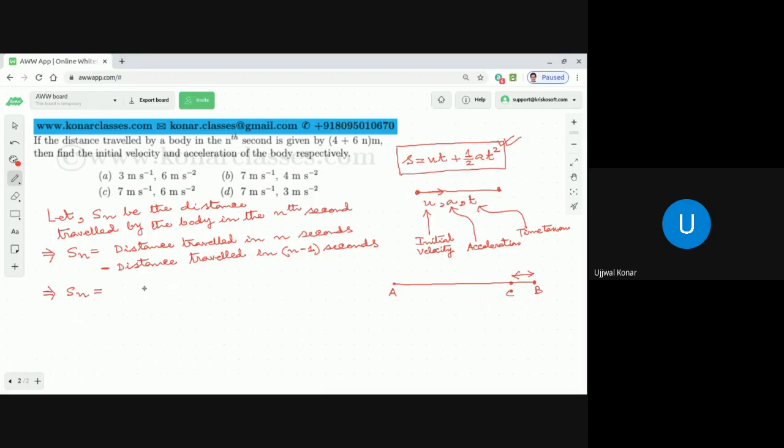I'm going to derive it. Now, if you apply S is equal to ut plus half a t square, what will it be?